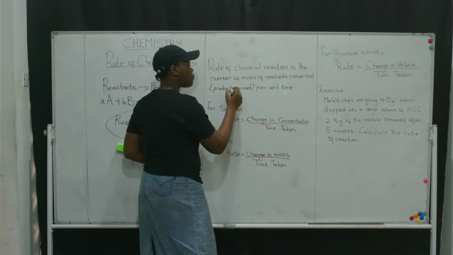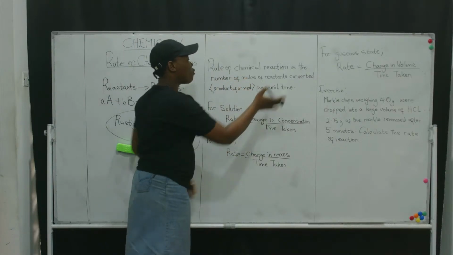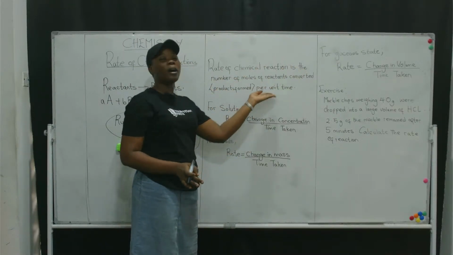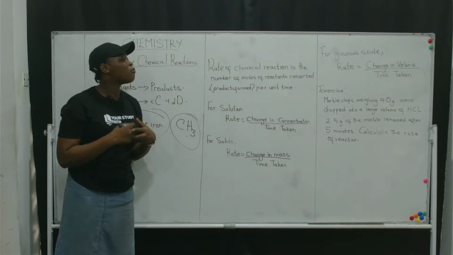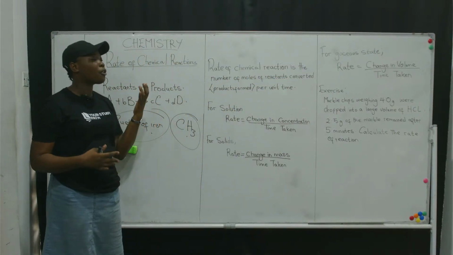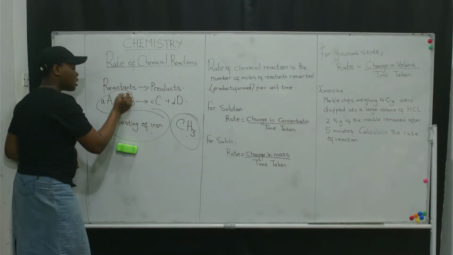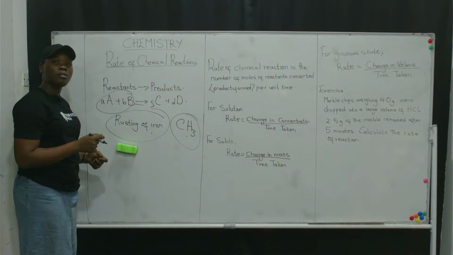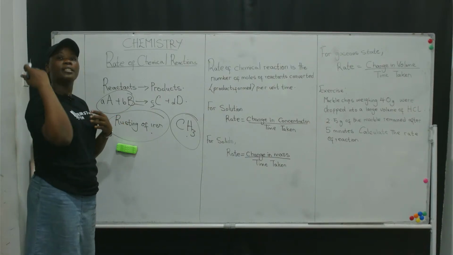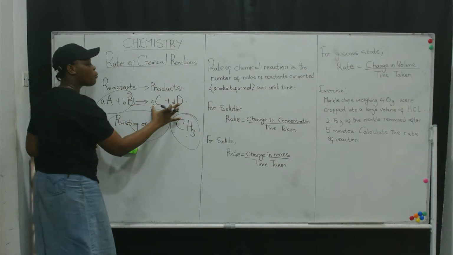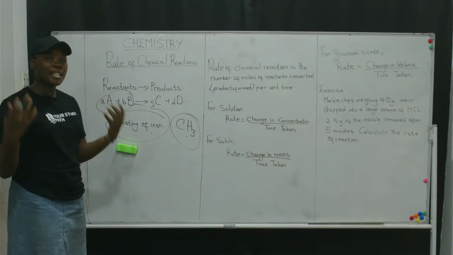And so we can say rate of chemical reaction is the number of moles of product formed per time. So either of the two means the same thing. That means the number of moles of this that will convert to this, in an hour or in a minute or in a second, or the number of moles of product formed per unit time.